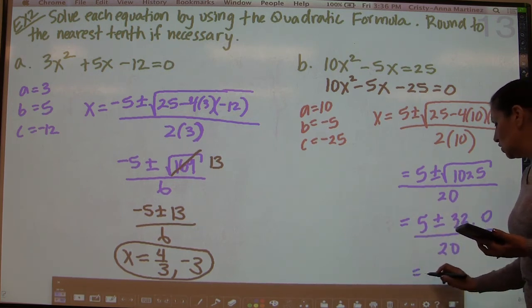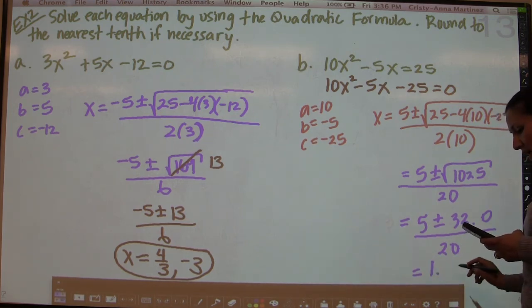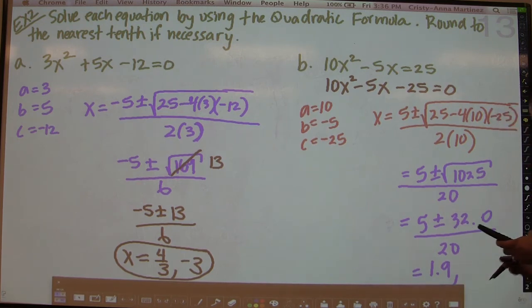So our two solutions will be 5 plus 32.0, and then divide that by 20. And we're going to get 1.85, or we're going to round to the nearest tenth, so we'll get 1.9. And then we're going to take 5 minus 32.0, and then divide that by 20.